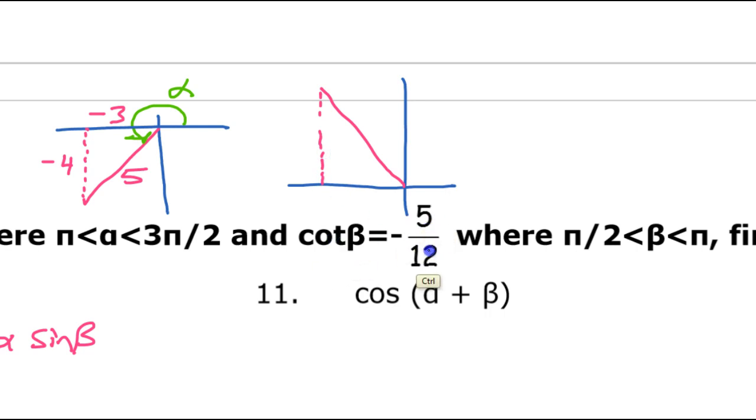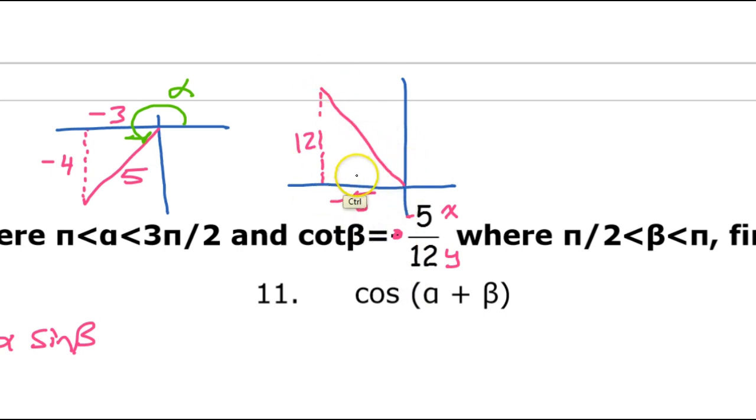Tangent is y over x, so cotangent is x over y. Now I see the 5 and I see the 12. So the 5 would have to be negative because it's to the left. The 12 would be positive. So I'm going to look at this as negative 5 over 12. We need the r value.